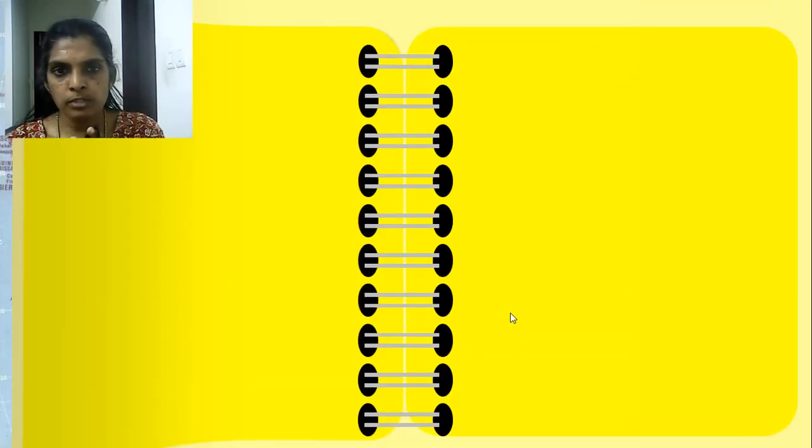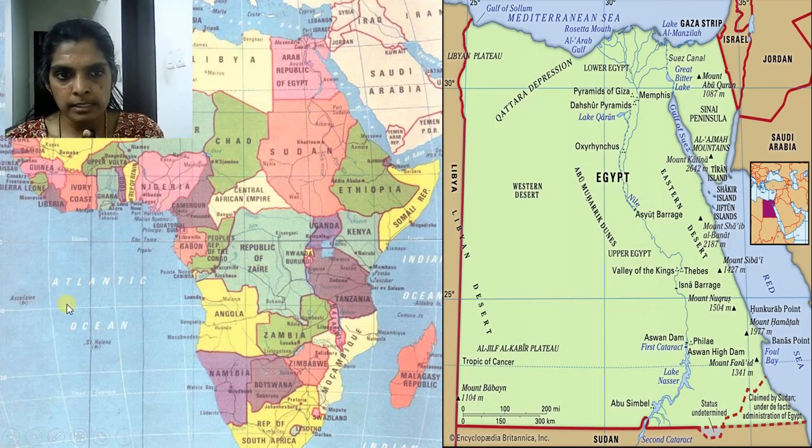If you see here, this is the African continent. Here you can see the Gulf countries, Saudi Arabia, Kuwait, Iraq, Iran and all that. So this is Egypt. Here I have put Egypt in an expanded form. This is the Mediterranean Sea.